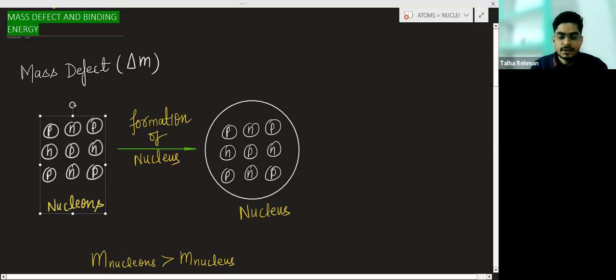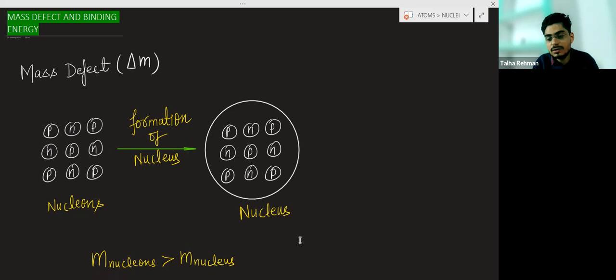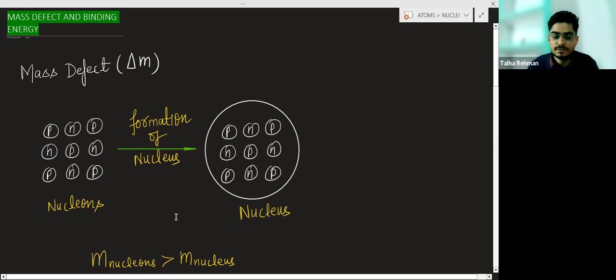So basically, the mass of the nucleons should be equal to the mass of the nucleus, because these nucleons are constituting the nucleus now. But it is found that the mass of nucleons is greater than the mass of the nucleus. Now where has the remaining mass gone? That remaining mass is known as the mass defect. Understood?